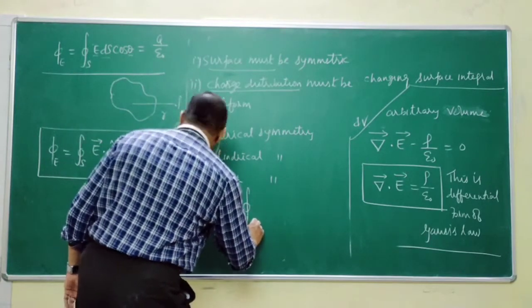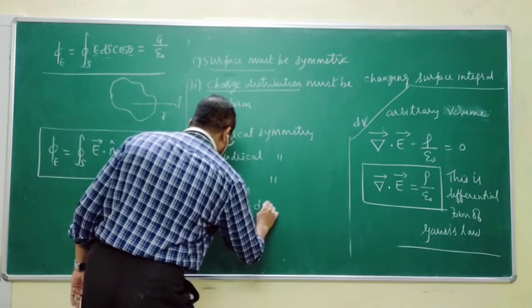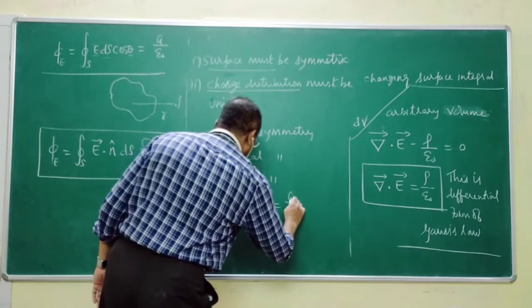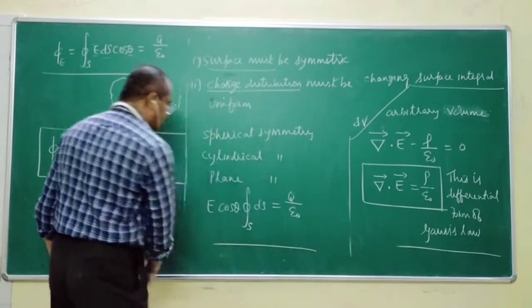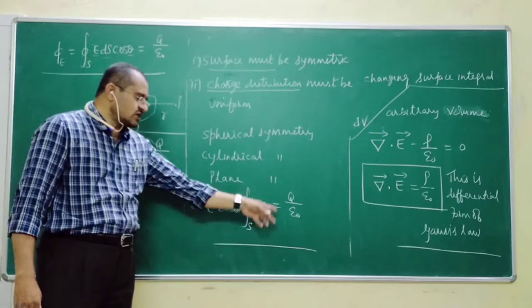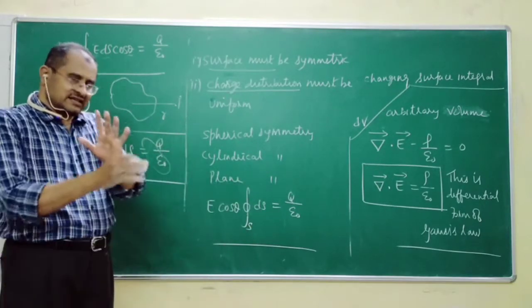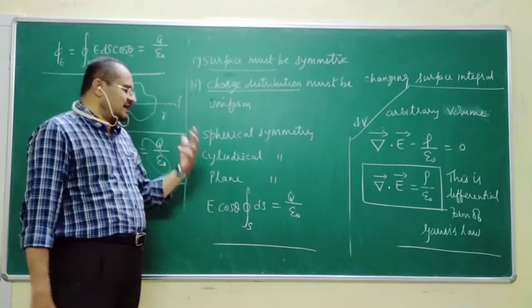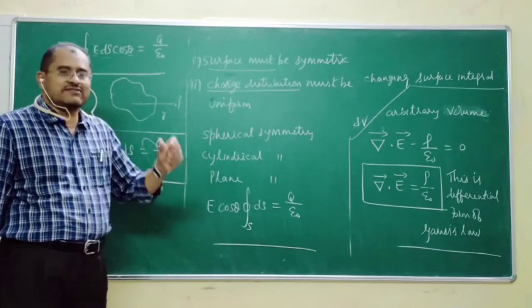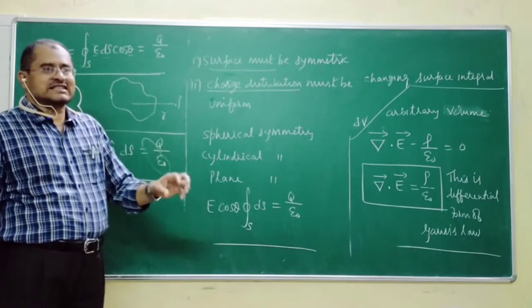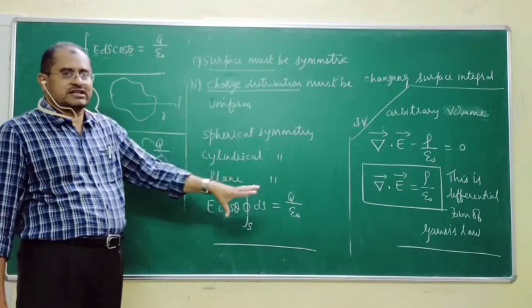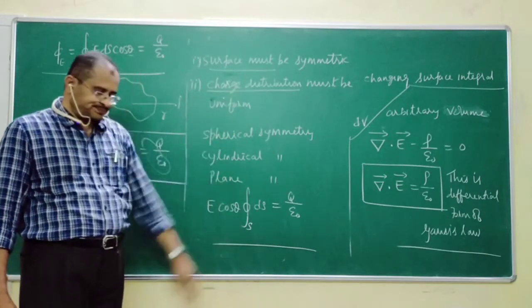Then what remains is the integral of ds equal to q by epsilon naught, which means solving this integral for the area of the symmetric surface is very easy, and I will easily arrive at electric field intensity due to a charge distribution using Gauss's law.